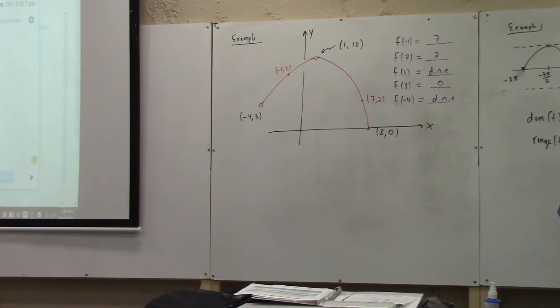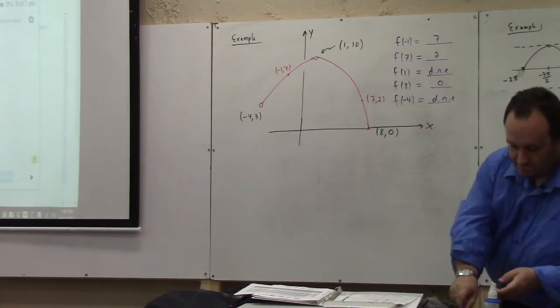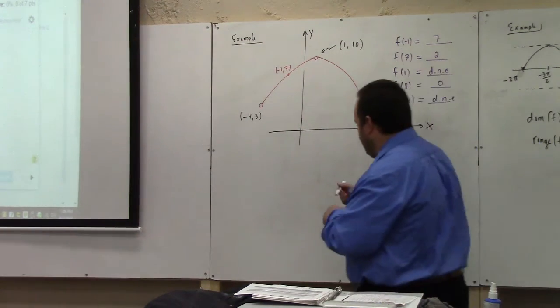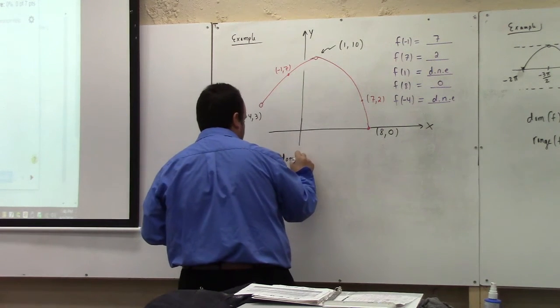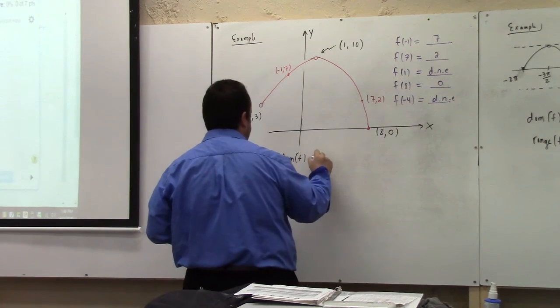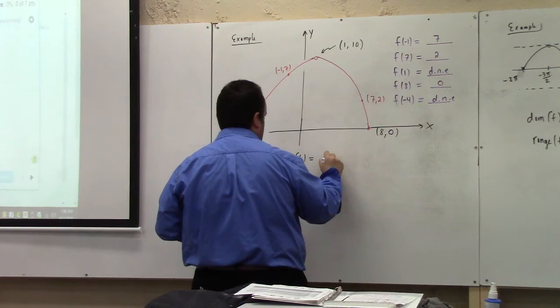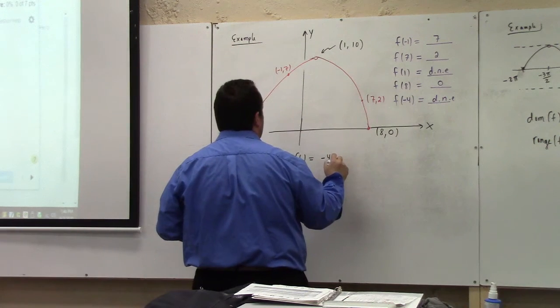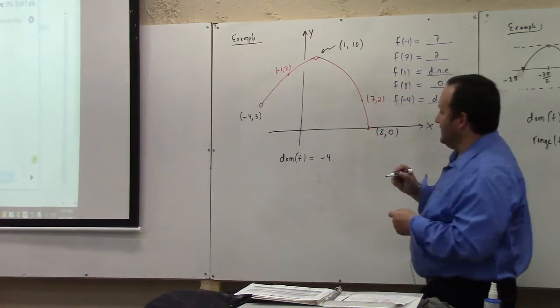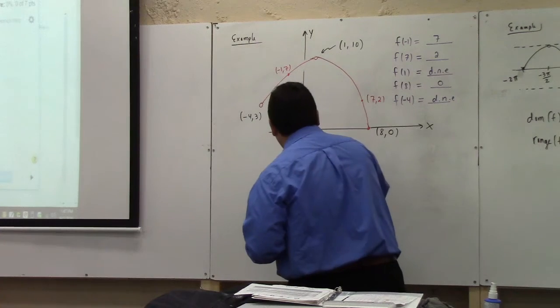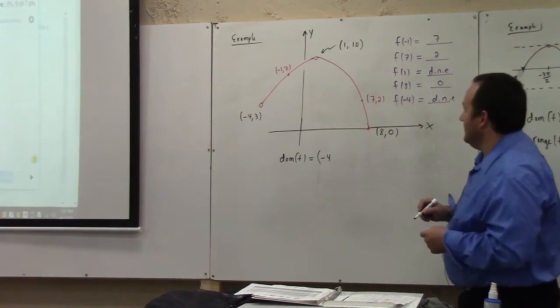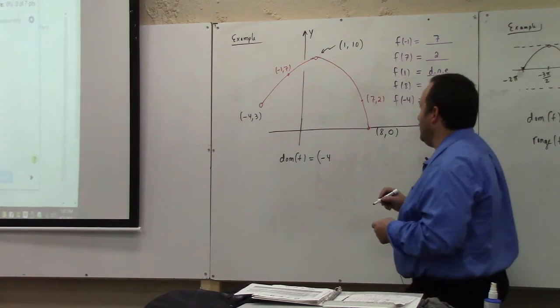Now, how about range and domain for this example? What's the domain? I heard -4. Is that included or excluded? Not included, right. I'm going to help you out here.